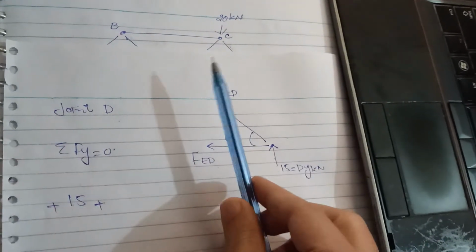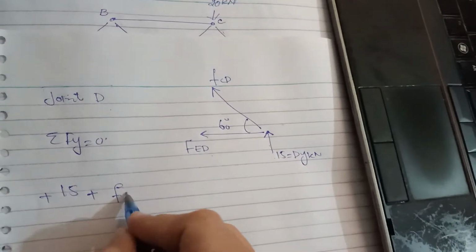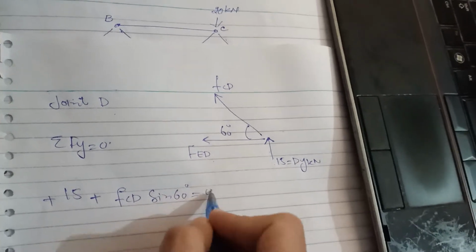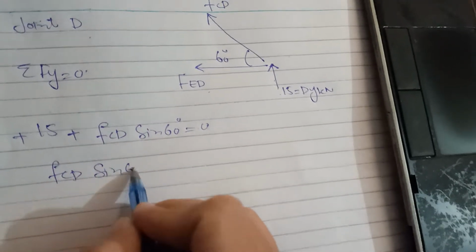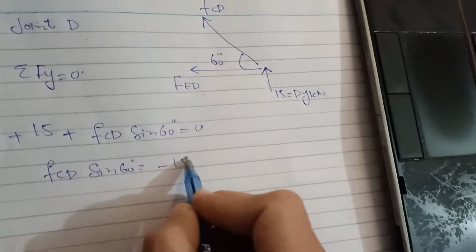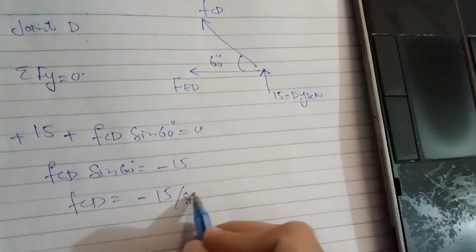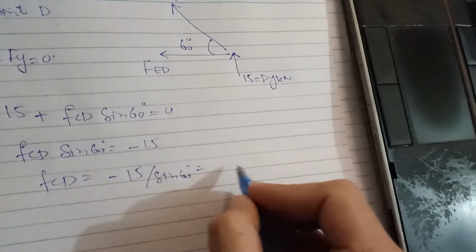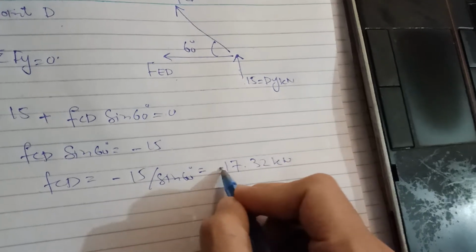So the contribution of FCD is FCD sine 60 equal to 0. Now just use a simple trigonometry or simple equation. Minus 15. FCD equal to minus 15 divided by sine 60. So using this calculator I find the value equal to 17.32 kilonewton. So this is minus.